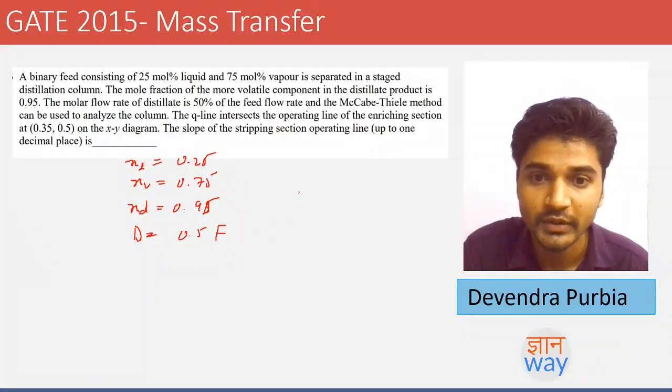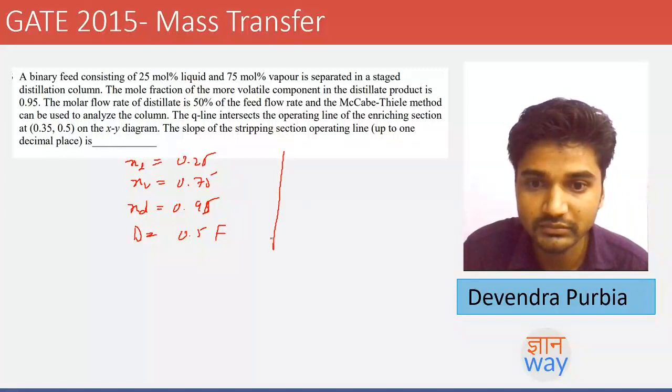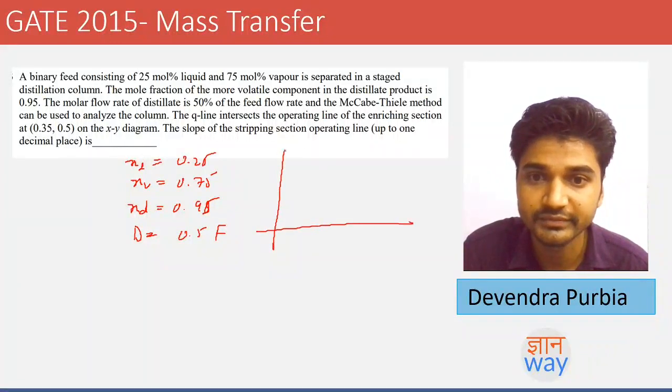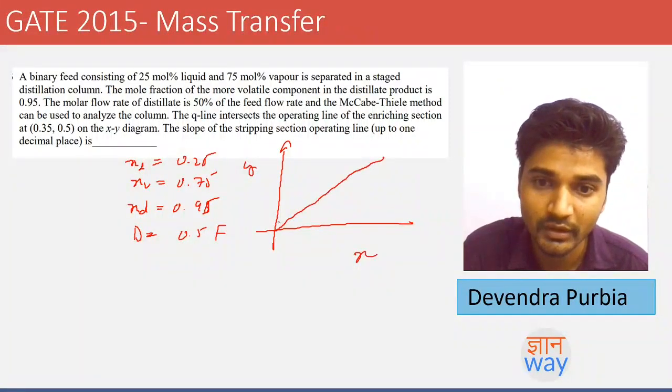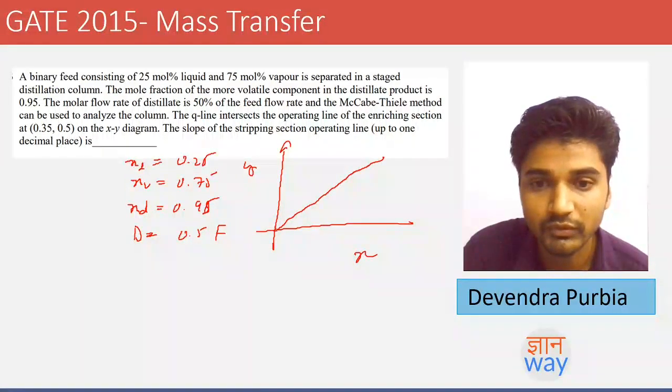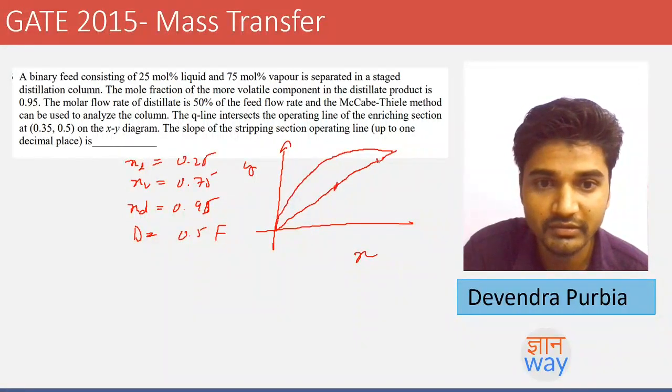So first we will draw this diagram, where we have Y here, and on this side we have X, and we have Y equals X as one line, and this is the equilibrium curve for the binary mixture. And we have somewhere the Q line, and we have a stripping line.